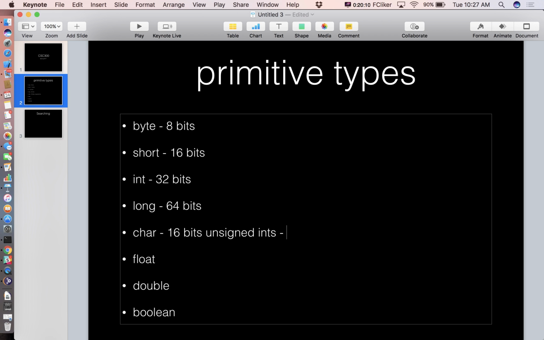Why do we store them as ints? Integers are mapped to characters in ASCII or, in Java, Unicode.